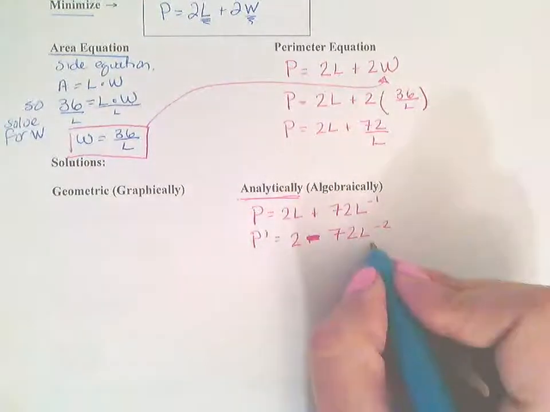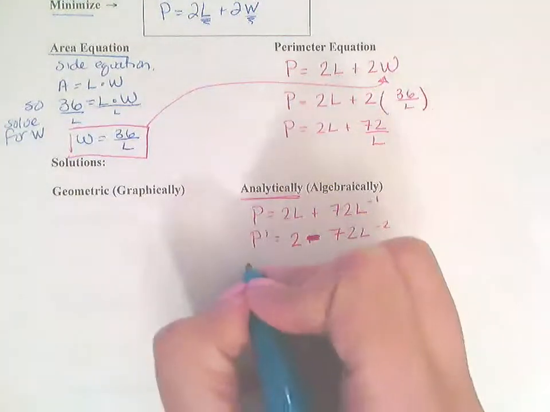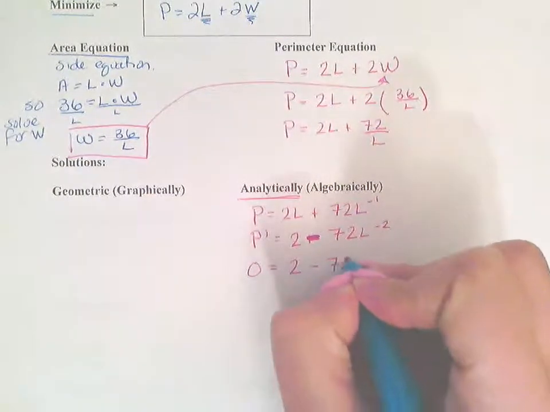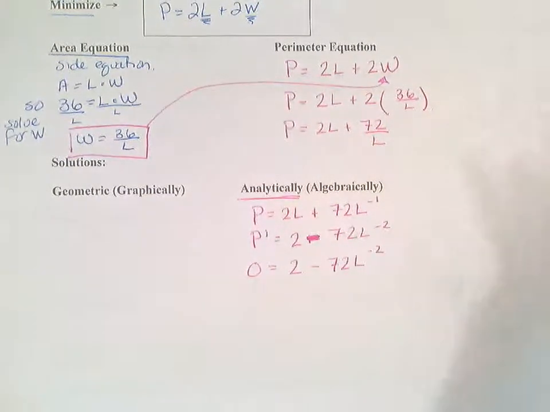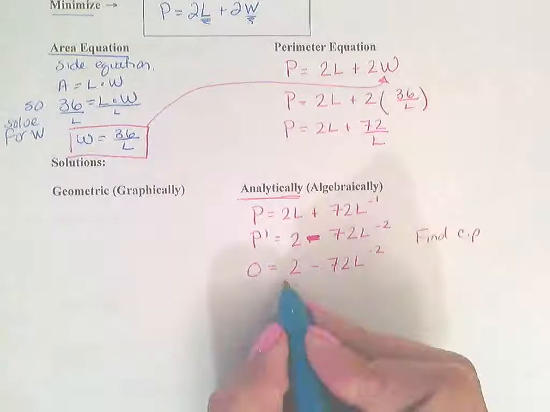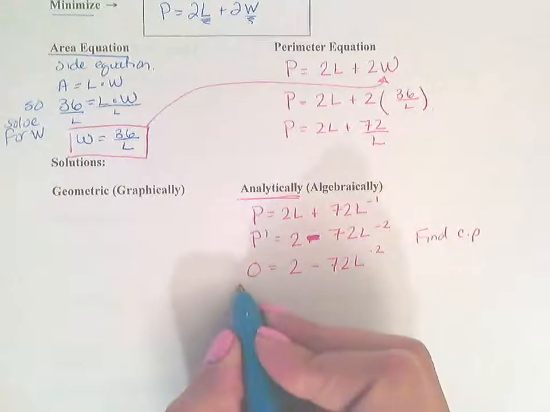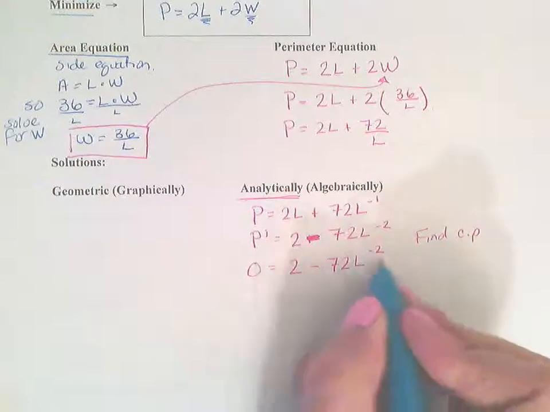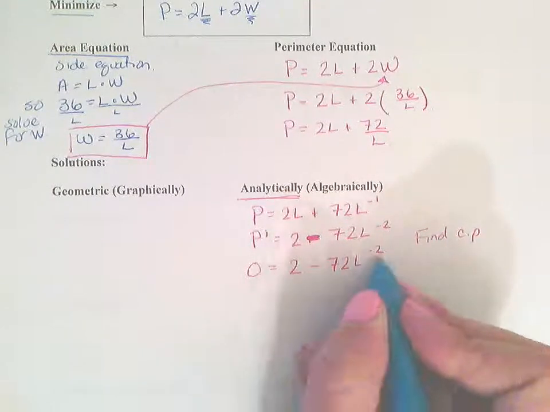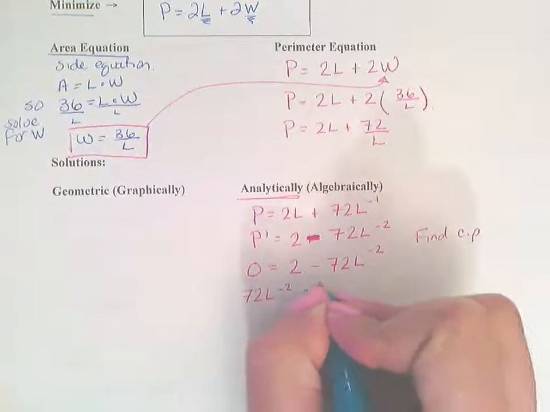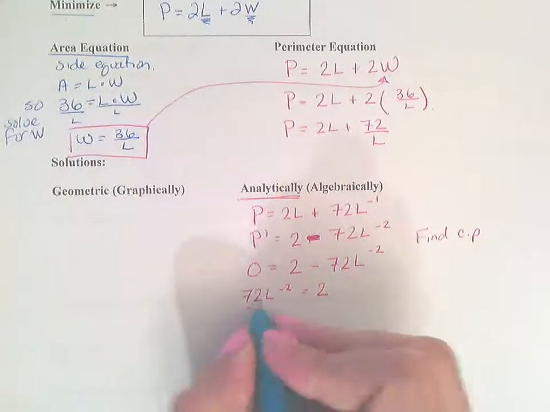So now that we got the derivative, what we can do is set this equal to 0. So 0 equals 2 minus 72L to the negative 2, because remember, we want to find the min, and to find the min, we need to find the critical points. So you solve this. I want to get rid of the negative right away, so I'm going to add 72L to the negative 2 to this side, equals 2.